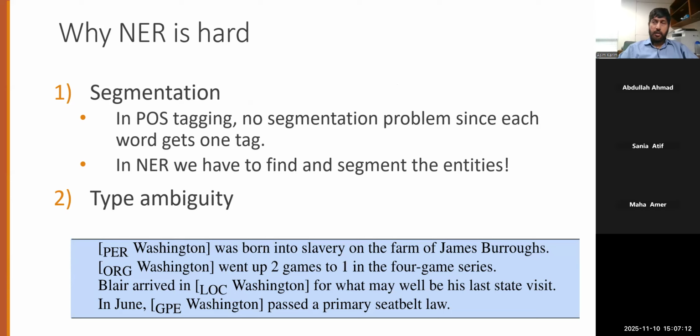NER is generally much harder than POS tagging. Okay? There are two main reasons for this. One reason is that, of course, we are talking about named entities, proper nouns. So the variety of proper nouns is huge. People can come up with weird names for companies and weird person names and weird location names and so on.